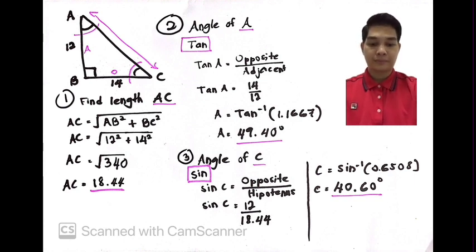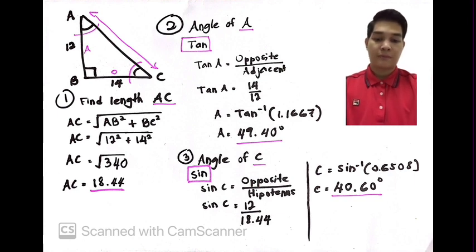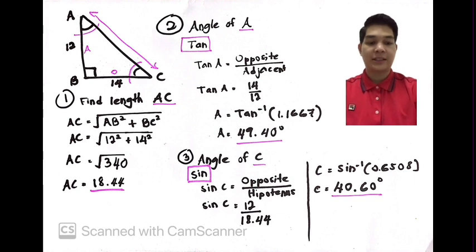So getting the formula, sine C equals 12 over 18.44. So we move the sine to the left, so we get inverse sine of 0.6508. So the answer you get is 40.60 degrees. Okay, that's all.